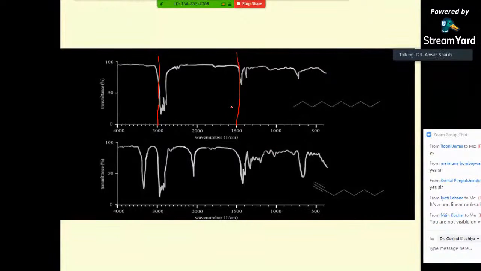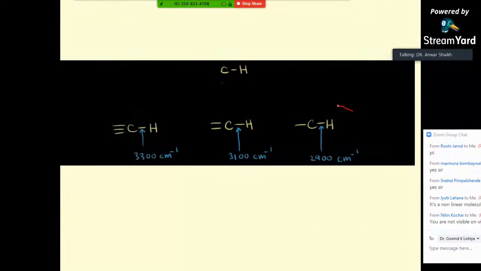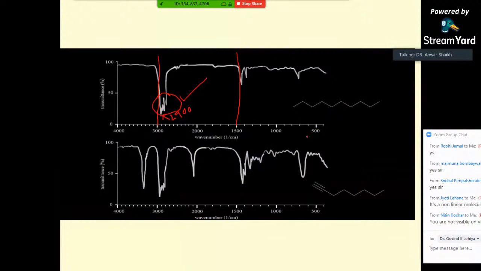Just at the extreme left of your 3000, near about 2900, you will be finding this peak. Can you see this peak? It is due to, as we have discussed earlier, the CH stretching in this molecule, the CH3 group or the CH2.